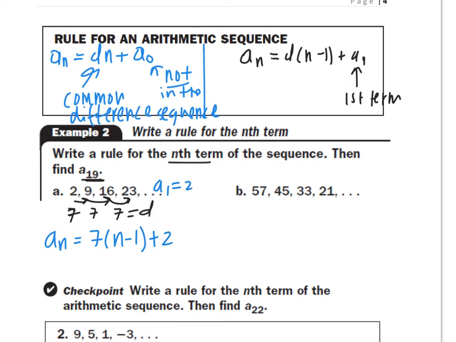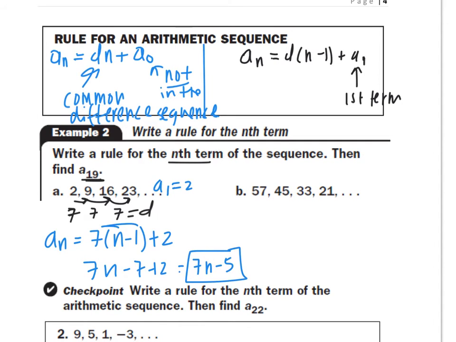So now I'm going to simplify this by distributing the 7. So 7n minus 7 plus 2, we get 7n minus 5. So I would use that rule. That's going to be the simplest we can do for our rule here.